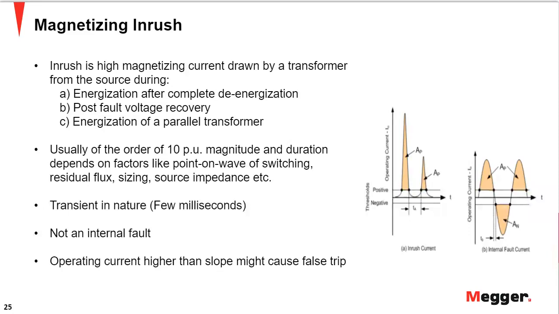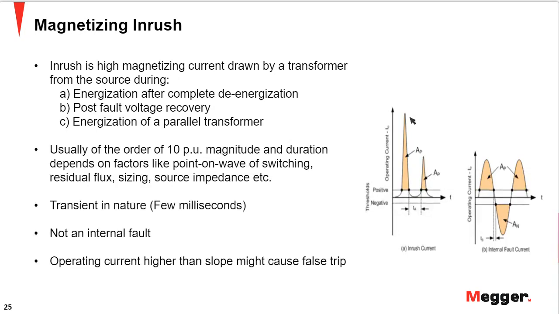This current is transient in nature. Like you see here, here is your inrush current, and as an example, it's a very high magnitude current. If you look at your internal fault current, your inrush is higher than your fault current in this case. So the differential relay might operate because it's seeing a very high current.